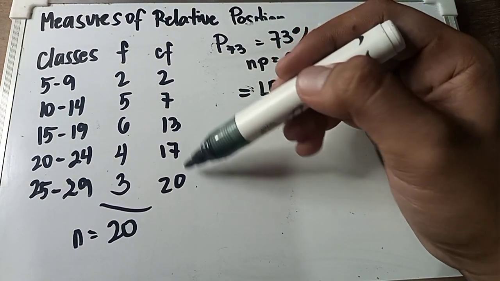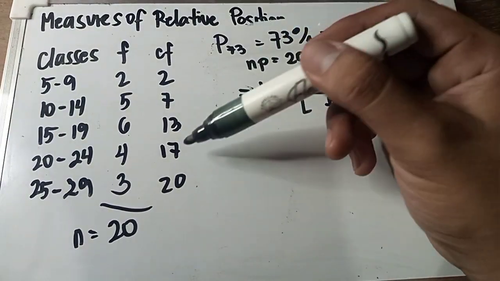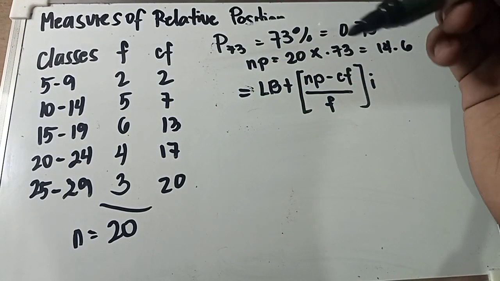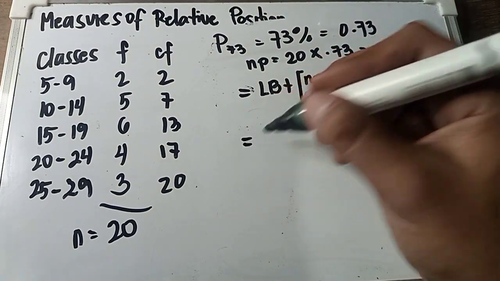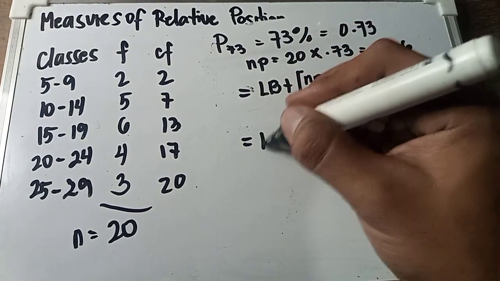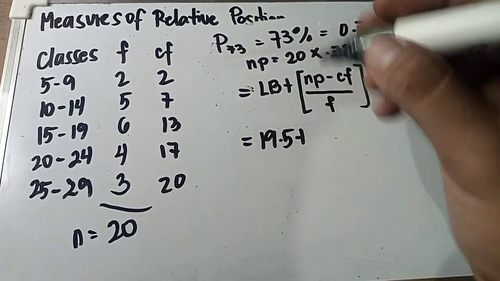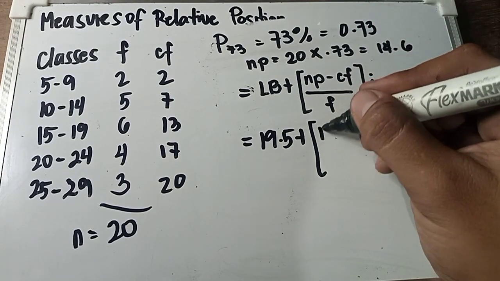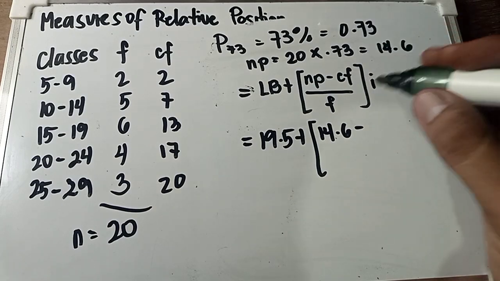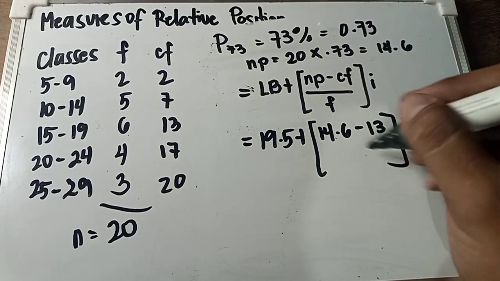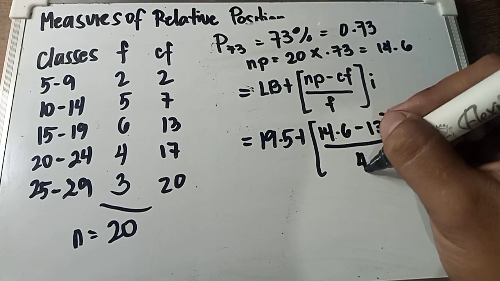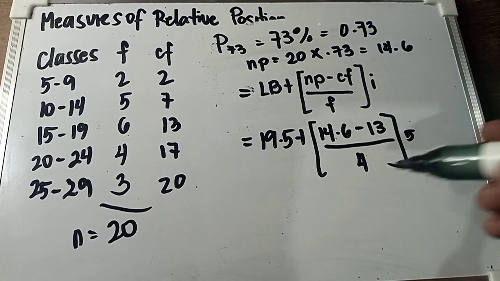Kay 13, kay 17, or kay 20. Mas malapit siya kay 17. So this will be your class, 20 to 24.